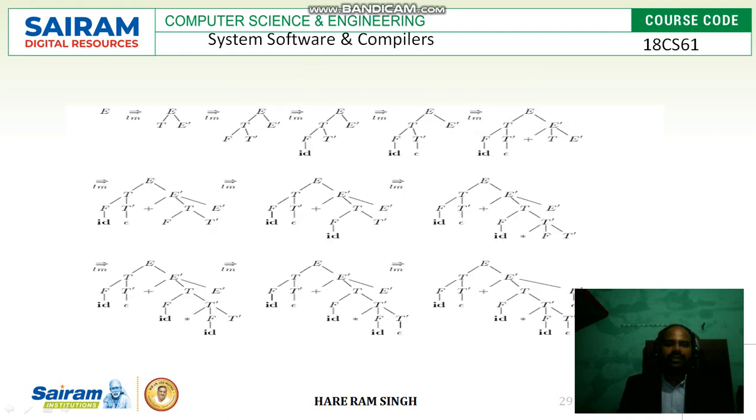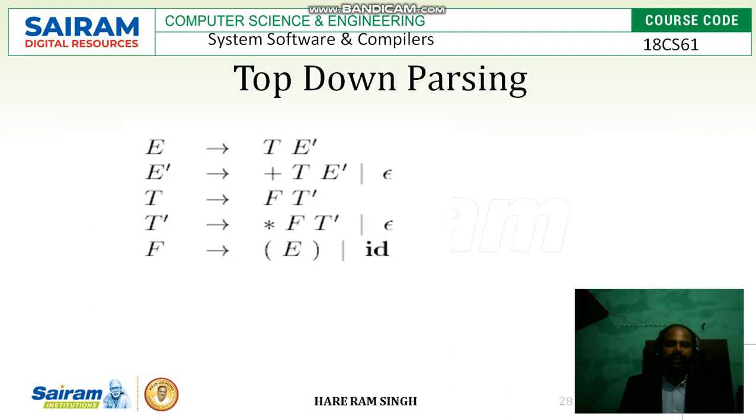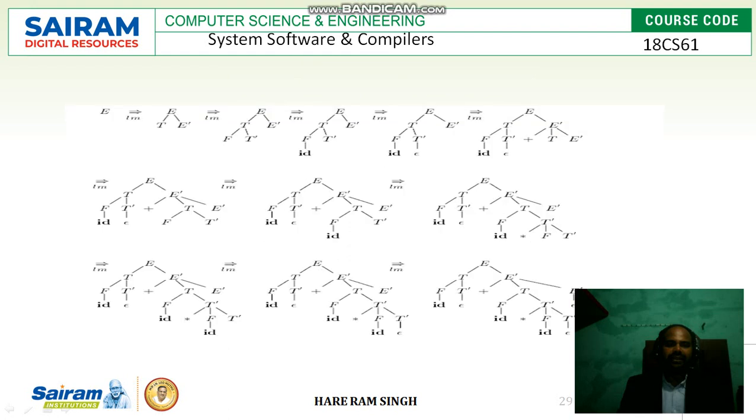Let us put T' with epsilon, because if we put T' with *FT', then we may not get id +. We would get id *. So here T' will be replaced with epsilon.